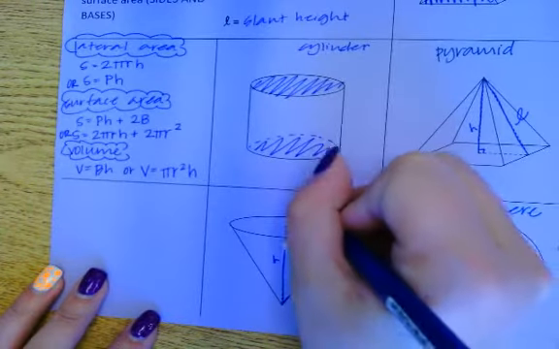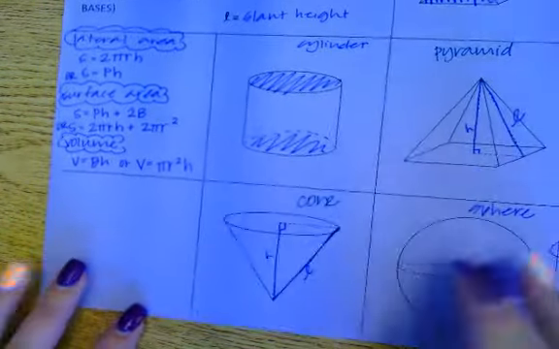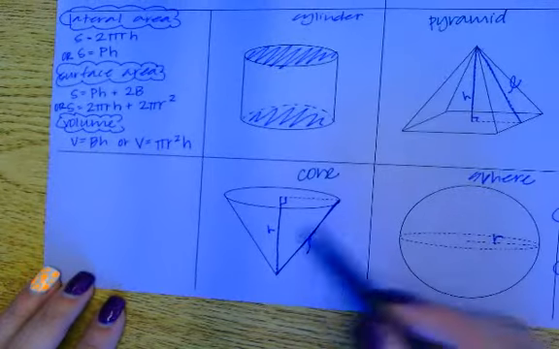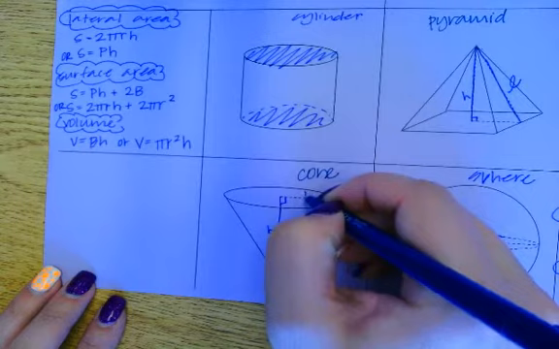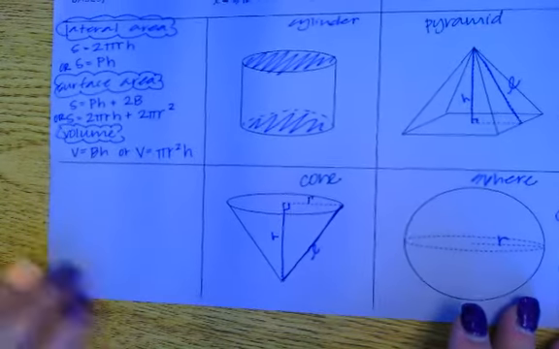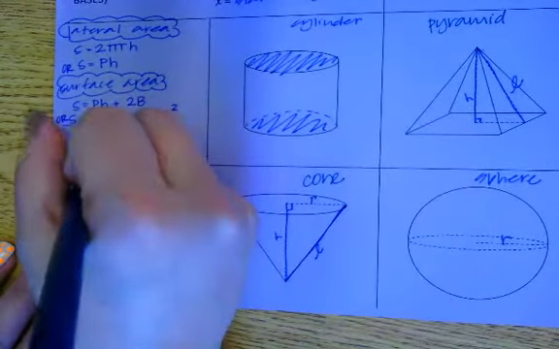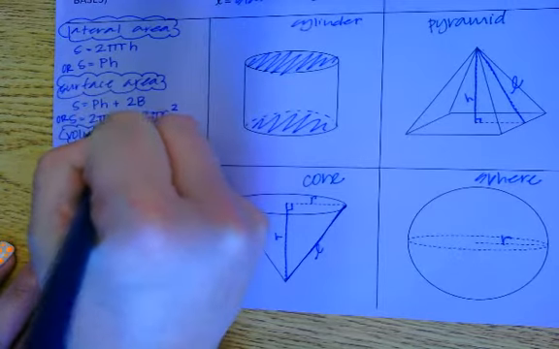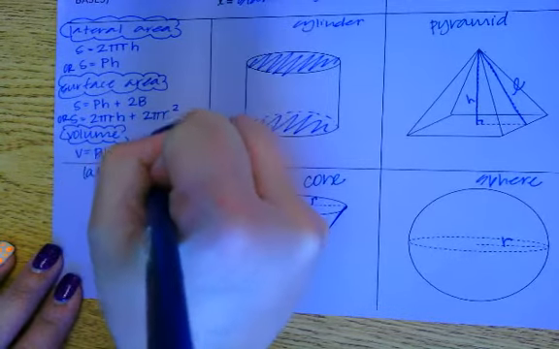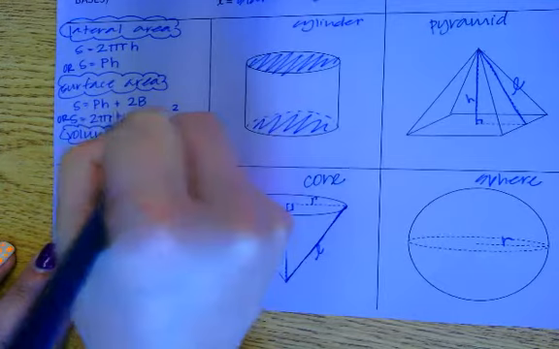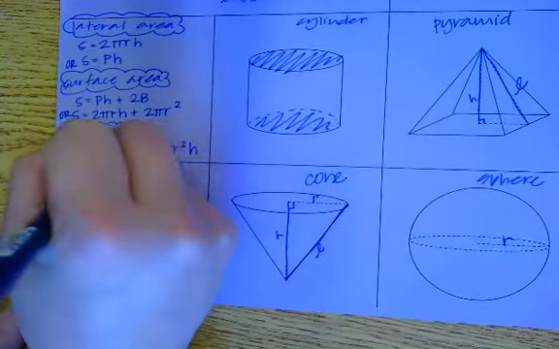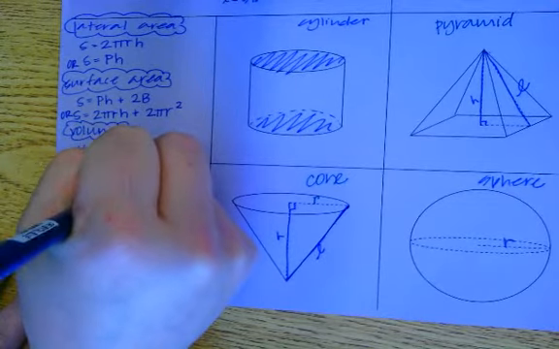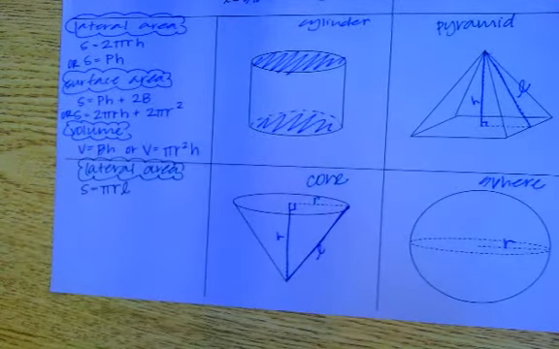Okay, our last one is a cone, with a height H, a slant height L, and then you also have a radius. Lateral area is S equals pi radius times slant height.